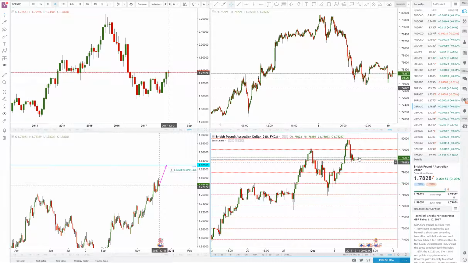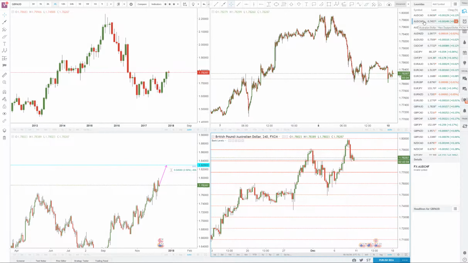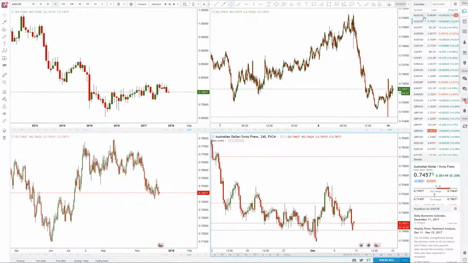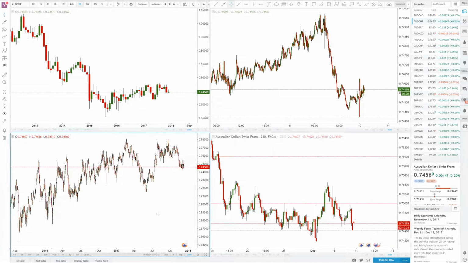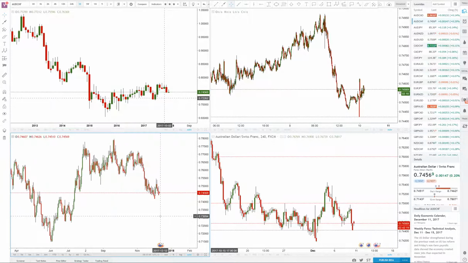Let's look at ACHF. All right. Australian Swiss franc.